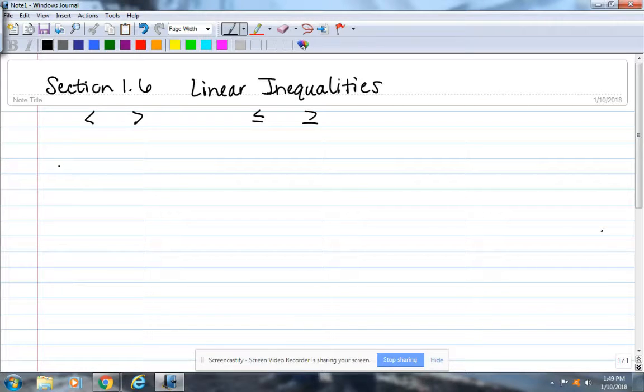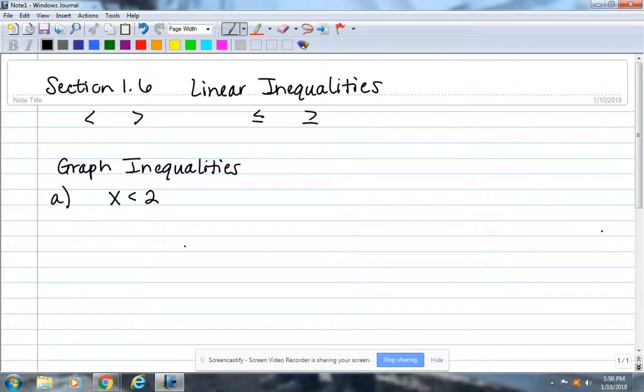So the first thing we're going to do with these today is graph inequalities. For example, say we want to graph x is less than 2.